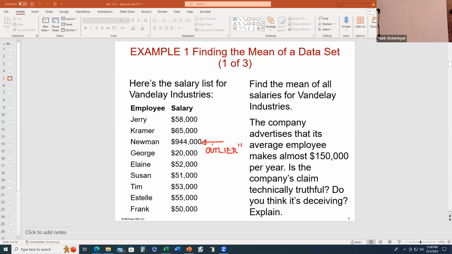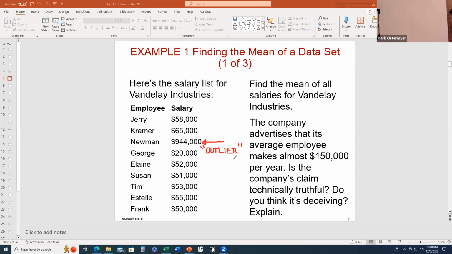It's much larger than all the other data points in the data set. We would classify this as being an outlier. So we're finding out very rapidly that the mean of a data set is highly susceptible to outliers in a data set. If a data set is plagued with outliers, that's greatly going to and adversely going to affect your mean's ability to accurately represent the center of the data.